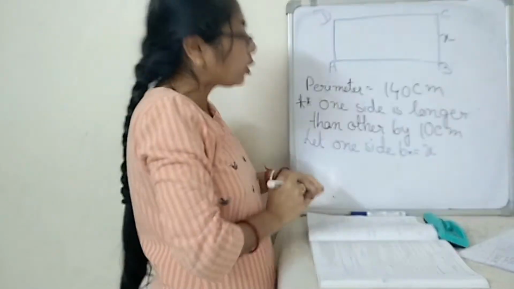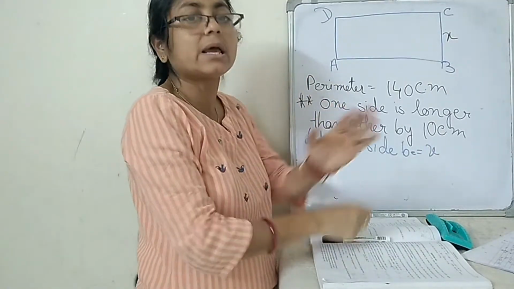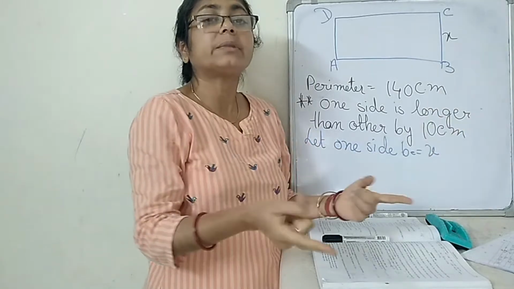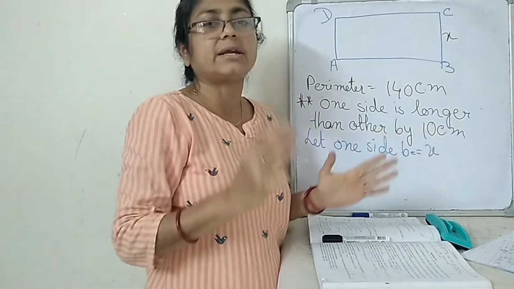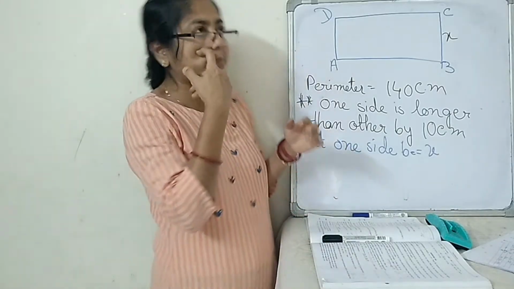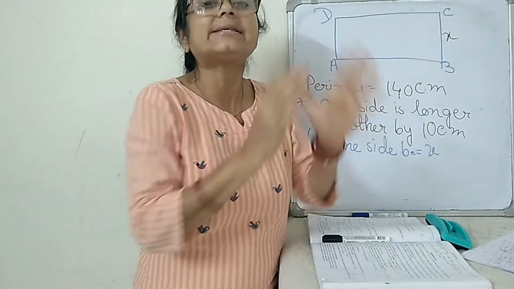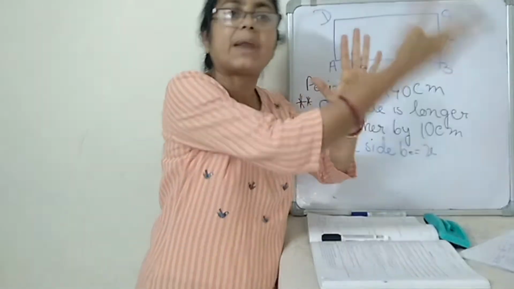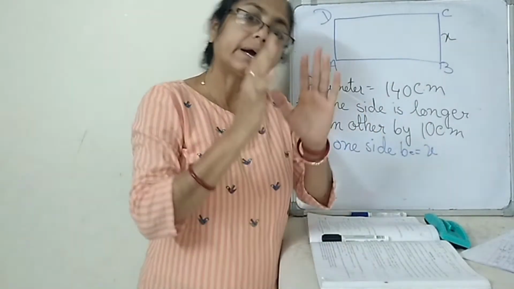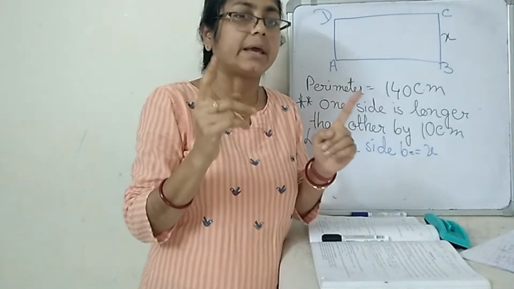According to the question, the second is longer than the previous one. How much longer? It is 10 centimeter longer. So suppose one side is 5 centimeter, then what is the other side? 5 plus 10, it is 15 centimeter. Clear? Hope it is clear.